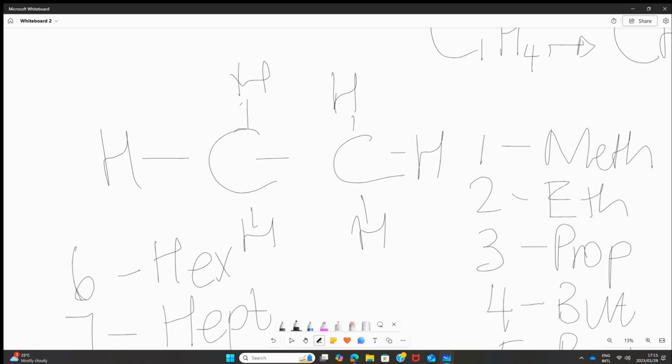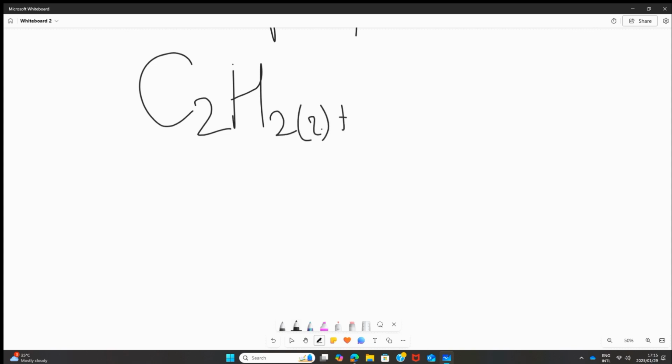Then the carbon number is 2. So now the molecular formula would be C2H2 times 2 plus 2, which is equal to C2H6. Now, how do we name that?